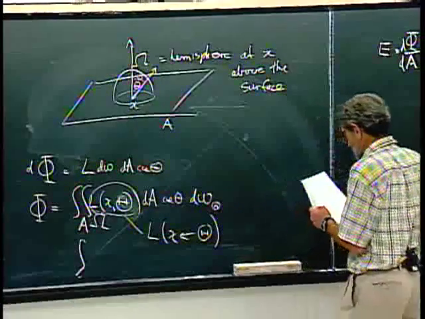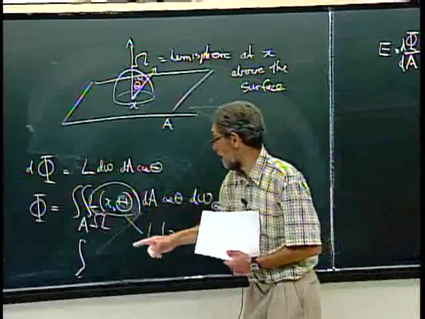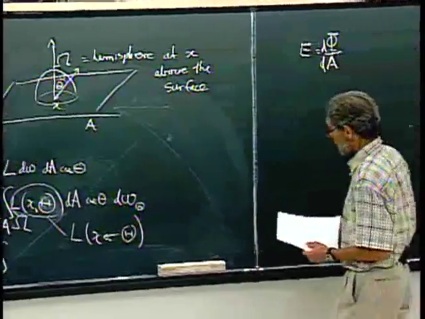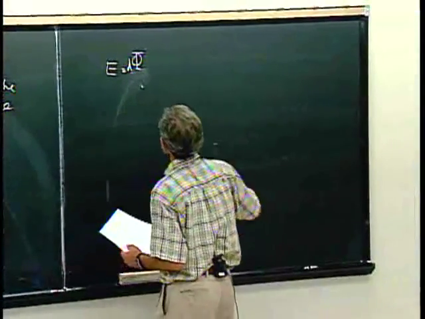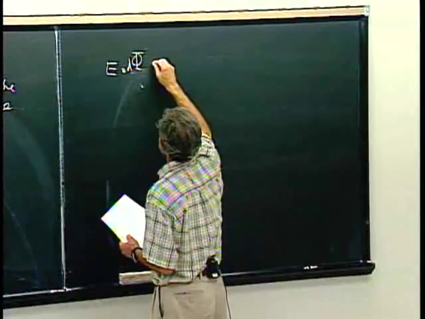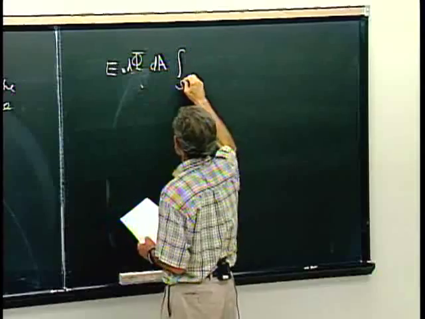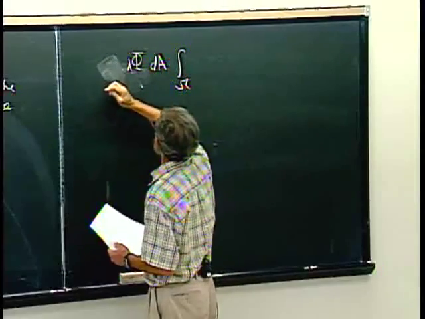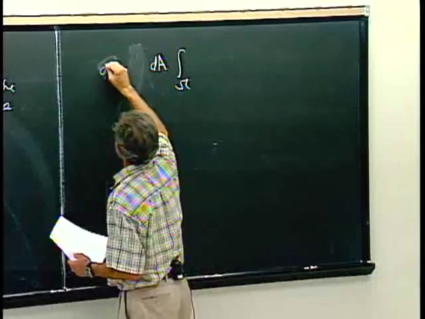Then I can take my integral over area, and let me assume that if things are constant, then this integral over the area will be dA, and I'll just have the integral over the solid angle. So let's write it like this.